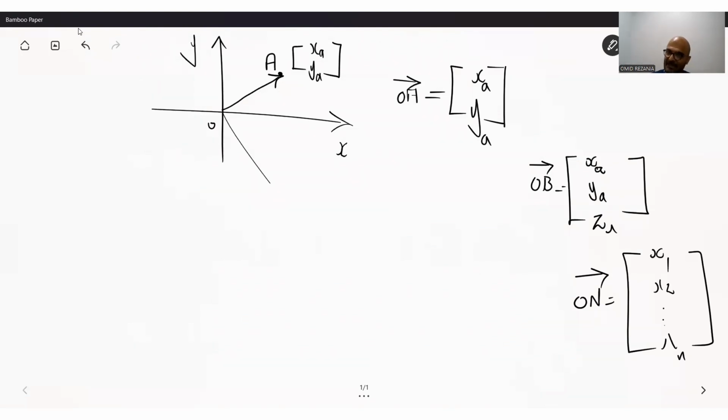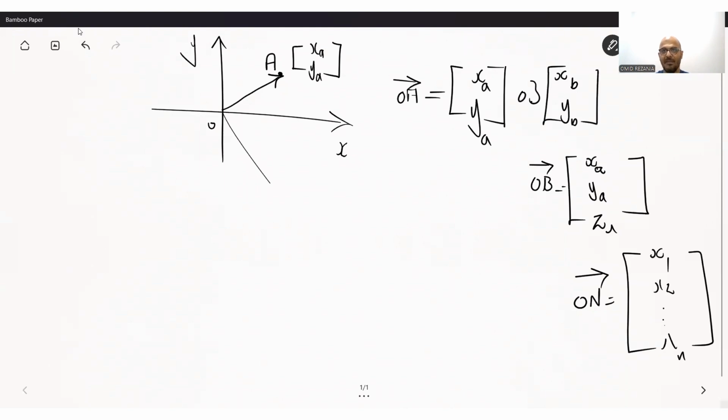Imagine that you have vector OA, which is a 2-dimensional vector. Imagine I get 2 vectors from 2 dimensions and paste them together. For example, I have OB, with another 2 coordinates, which I can call x_b and y_b. I'm going to push them together to make something like that.